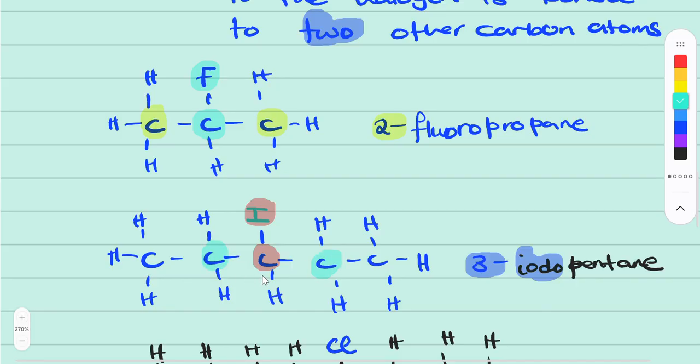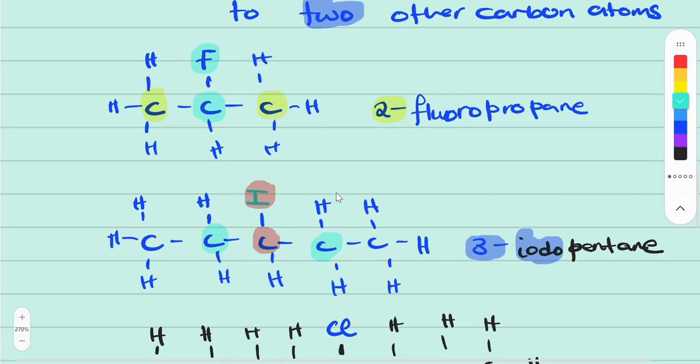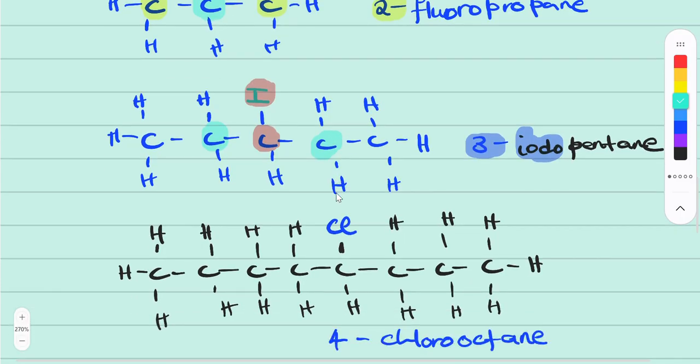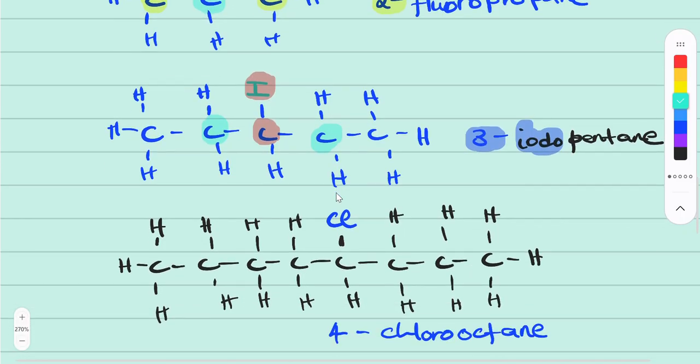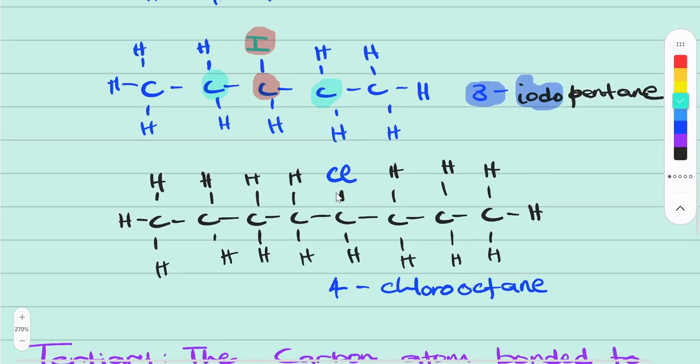So when they ask a question, is this a secondary, a tertiary, or a primary, you're going to tell them it's secondary, because you can see that the carbon that is bonded to the halogen is bonded to two other carbon atoms. So as I say, it does not mean it will always be on the second position.